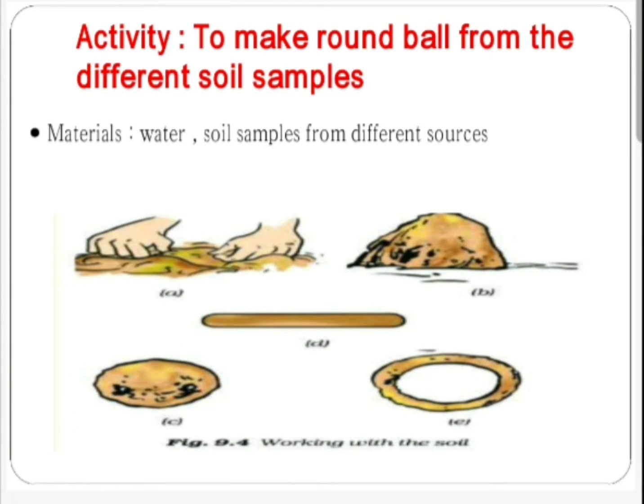Next point is activity: to make a round ball from the different soil samples. Materials: water, soil samples from different sources. Procedure: collect samples of clay, loamy and sandy soil. From these samples, take a handful of clay soil. Remove stones, gravel, grass, etc. from it.